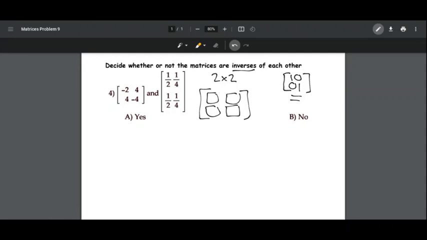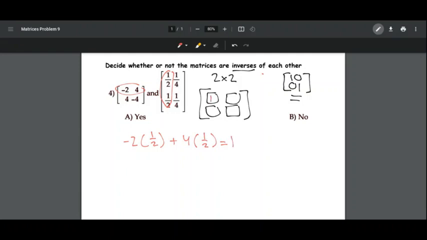So let's find out the first element. We're going to take the top row of the first matrix and the left column of the second matrix. I'm going to multiply -2 by 1 over 2 plus 4 times 1 over 2, equal to 1. So the first element is 1.